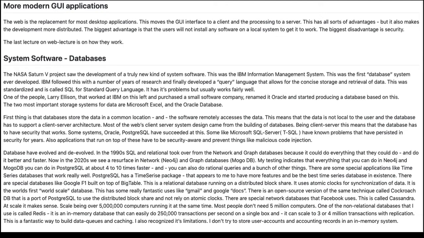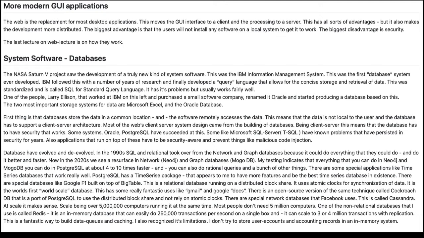I also think that databases in a certain sense have de-evolved. I've been doing database software for long enough that I can remember back before the age of SQL. And there were lots of network and graph databases that eventually got all overrun by the fact that you could build the same thing in Oracle or another SQL database like Postgres, and you would get better performance.